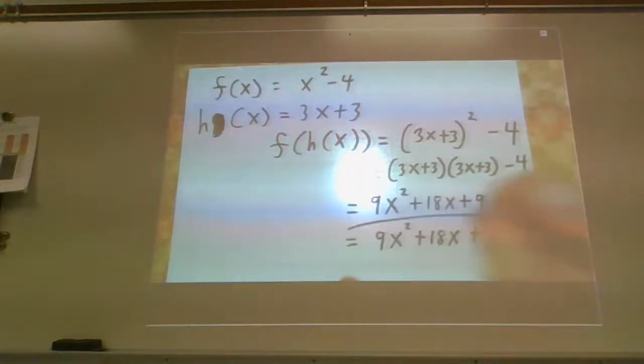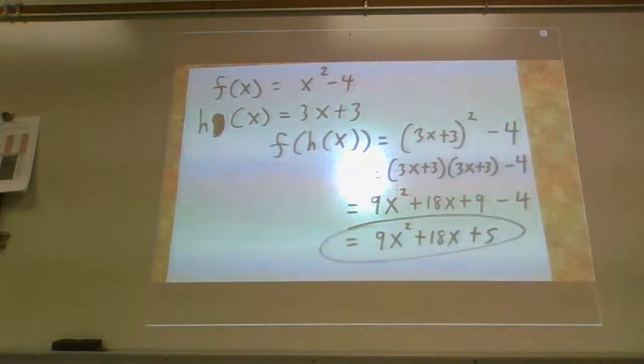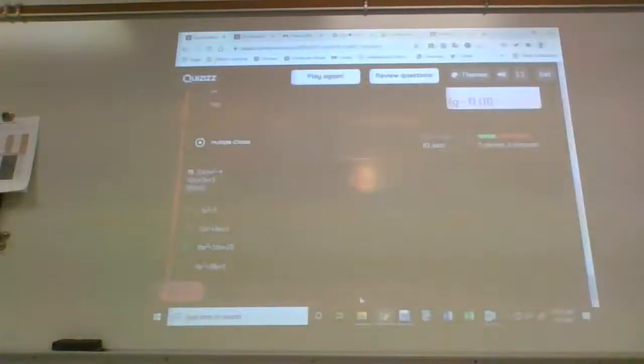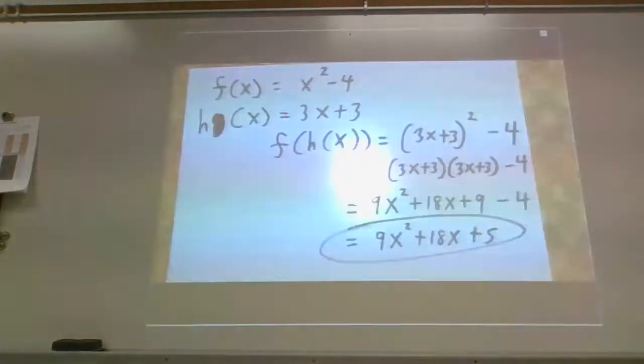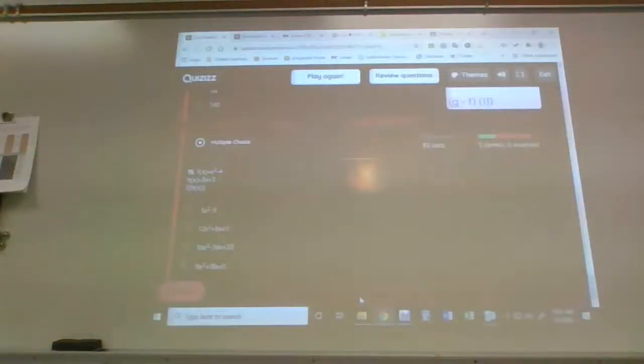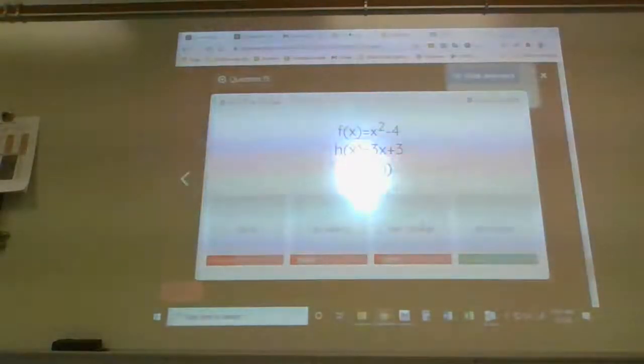Simplifying this thing down completely gets you that quadratic, which I'll double check on the quiz in a moment. Yep, there it is, the bottom one: 9x squared plus 18x plus 5.